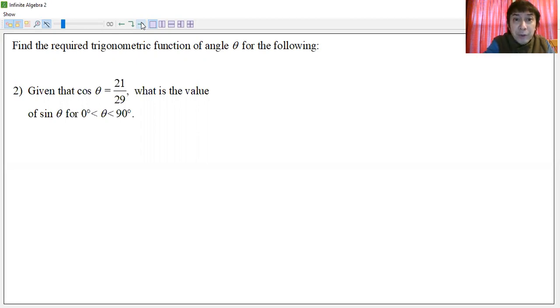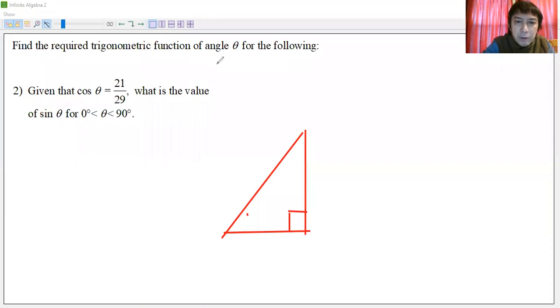So let's consider a right triangle like this with the 90 over here, and theta must be the angle here. Between 0 and 90, this will be an acute angle.